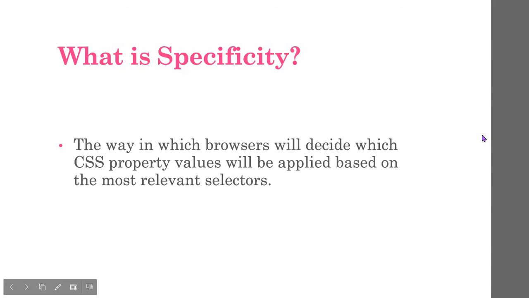First, what is specificity? Specificity is the way in which browsers decide which CSS property values or declarations will be applied to a specific element in our HTML file, based on the most relevant selectors.